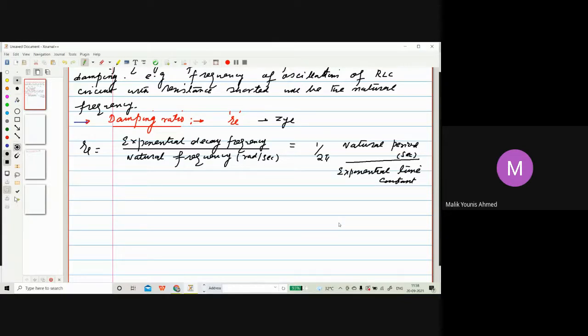So I'm repeating: this definition compares the exponential decay frequency of the envelope or system to the natural frequency.